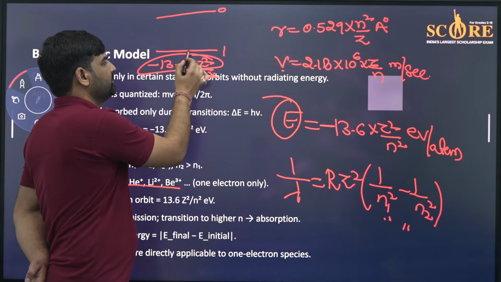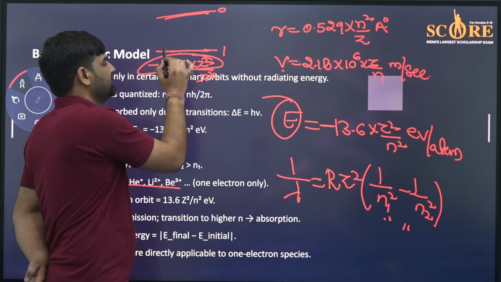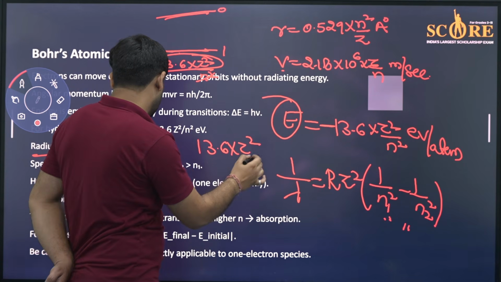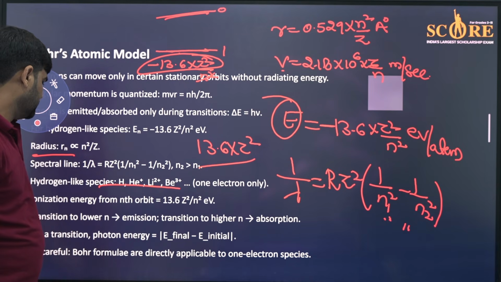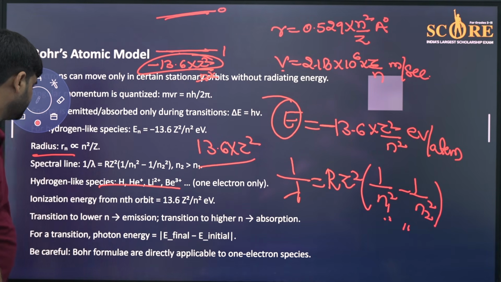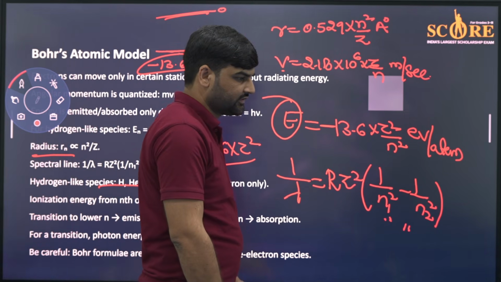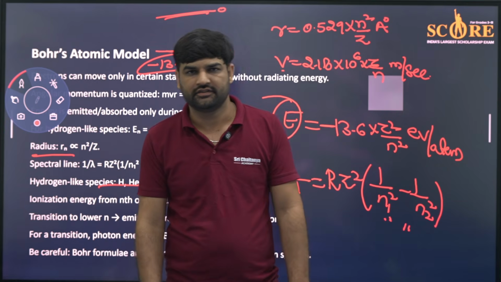So this is energy of this level. Final will be 0, initial is this. So difference will be 13.6 multiplied by Z square. So this will be ionization energy.